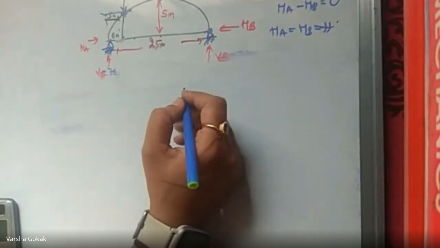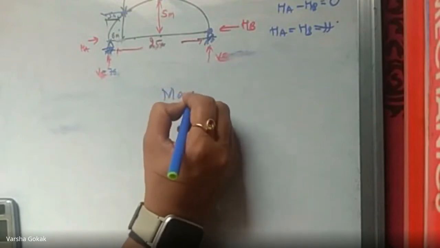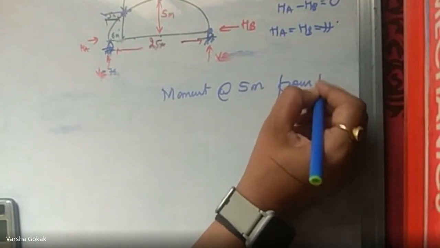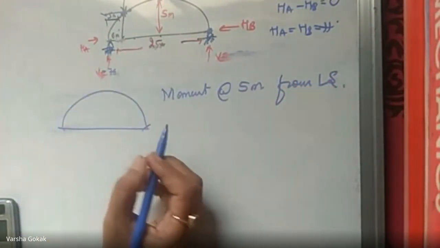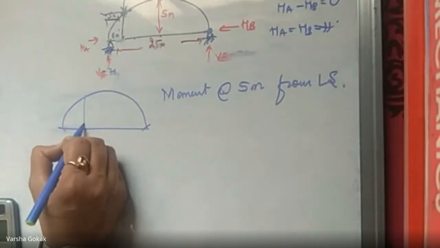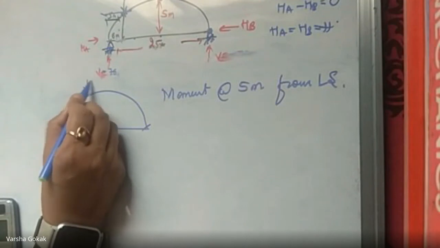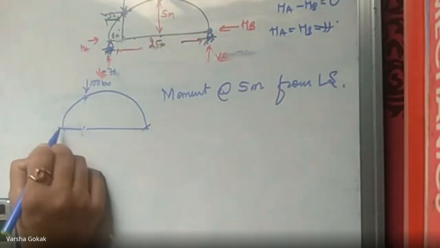Next, there is one more sub question to this. We have to find the moment at 5 meters from left support. Now, this is our arch, and we had fixed a point D here. At this point where there was 100 kilonewton, we took this as point D, and this was 6 meters to us.